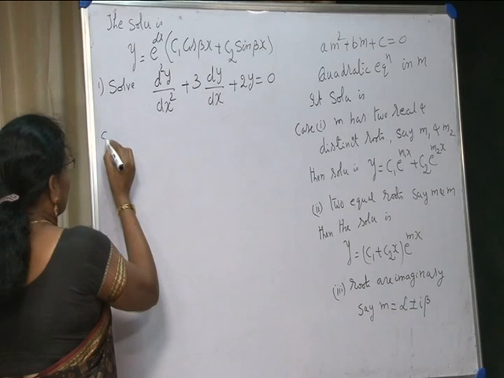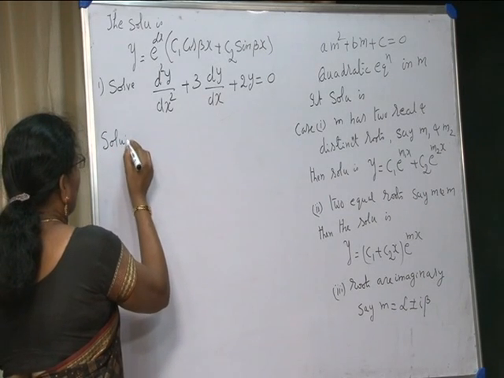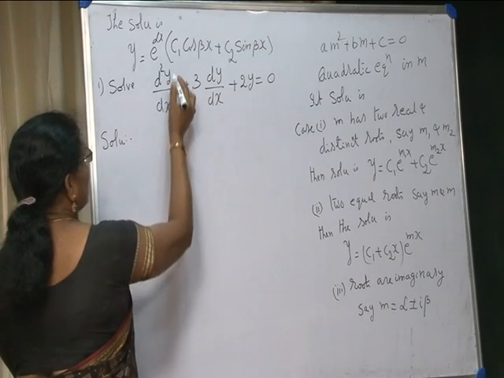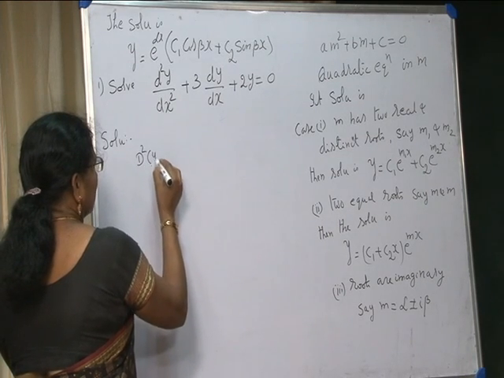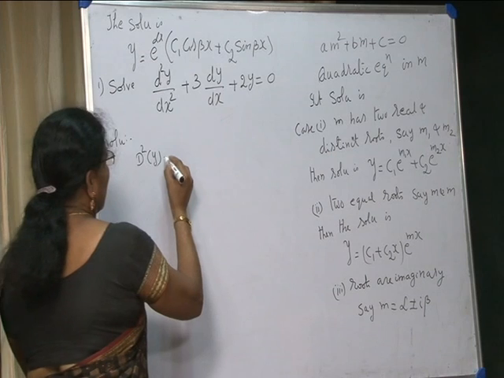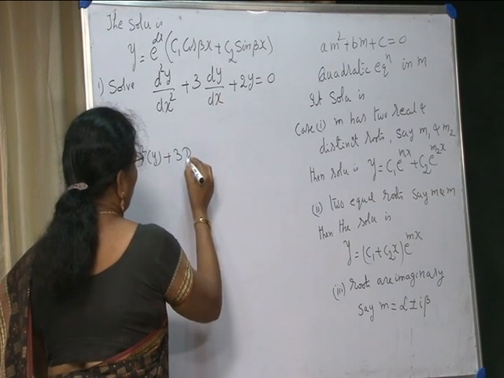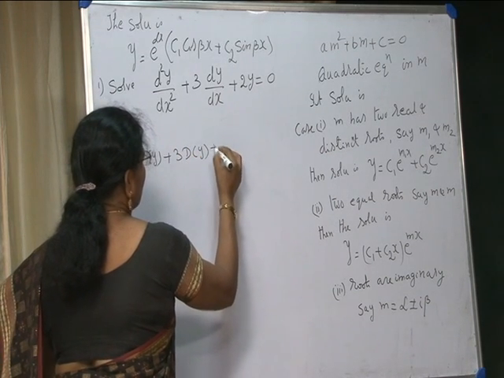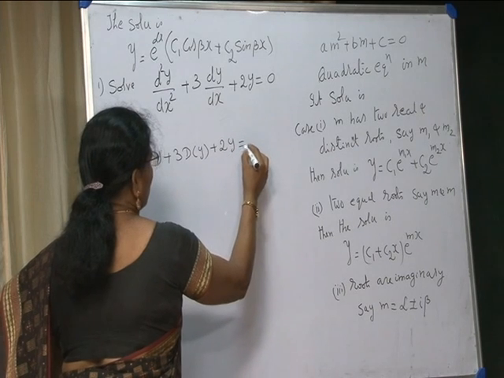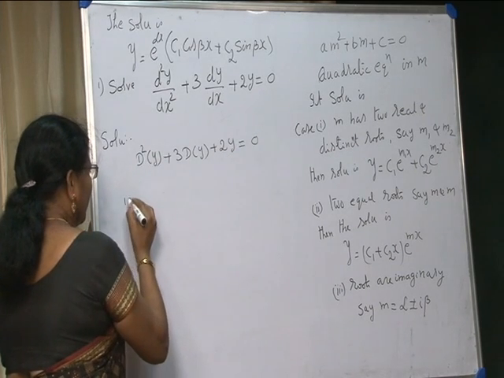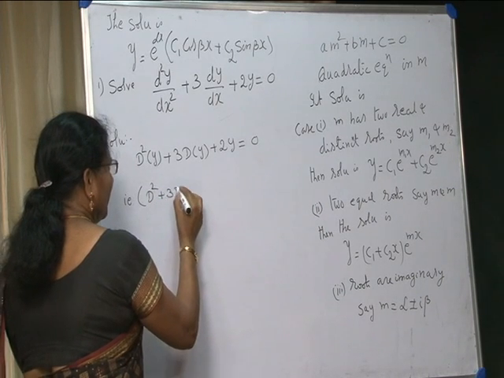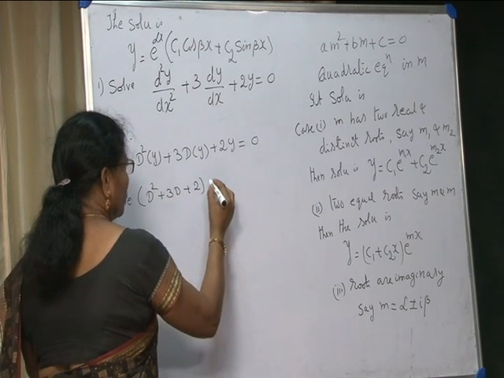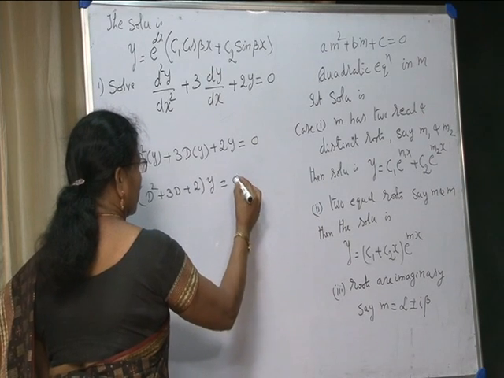First you write, d squared y by dx squared is d squared of y plus 3 into d of y plus 2y is equal to 0. That can be written as d squared plus 3d plus 2 of y is equal to 0.